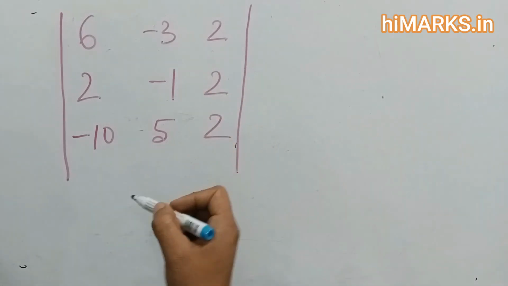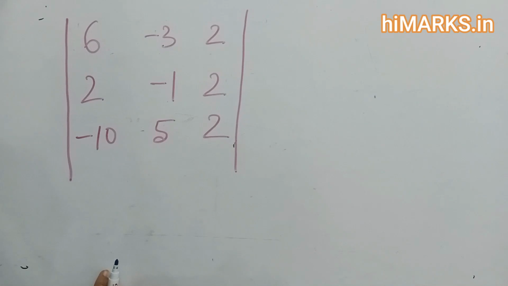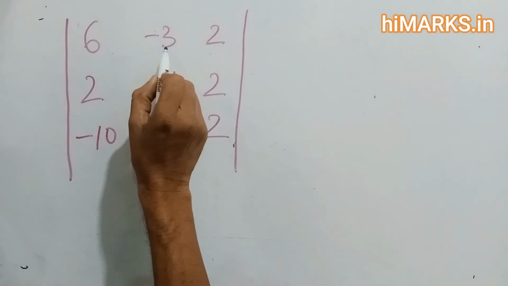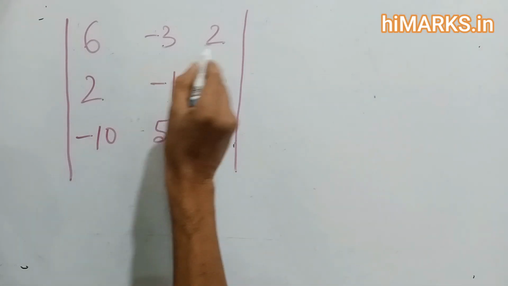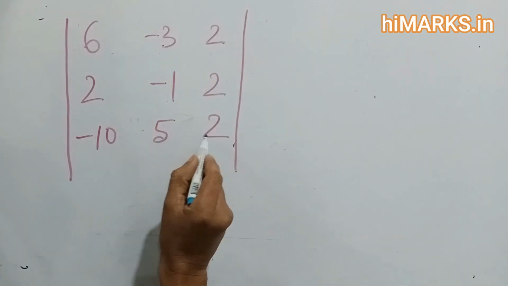Here we have to prove that without expanding, the value of the matrix is 0. If you observe carefully, minus 3 into 2 is minus 6, minus 1 into 2 is minus 2, and 5 into 2 is 10.